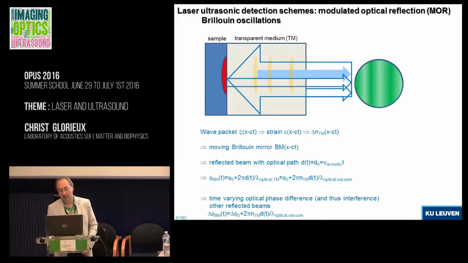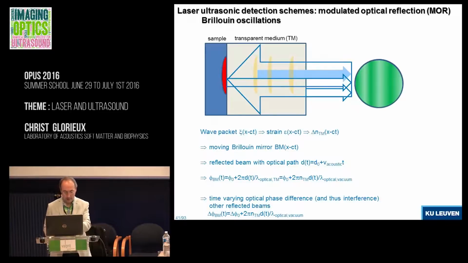So a bit of light will reflect from this moving acoustic mirror, and that light will interfere with the light reflected from the sample and maybe also from the front side. So you have an additional interference effect: you not only have the modulated optical reflectance, but also a kind of interferometer.